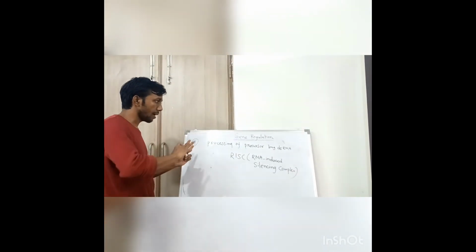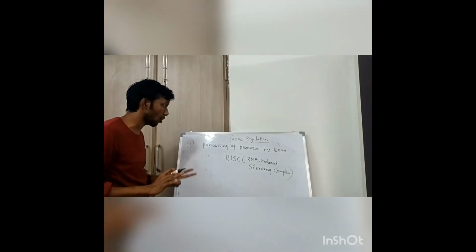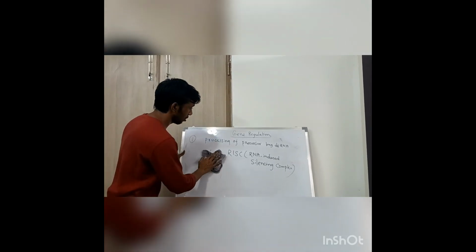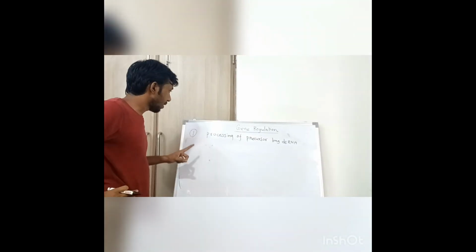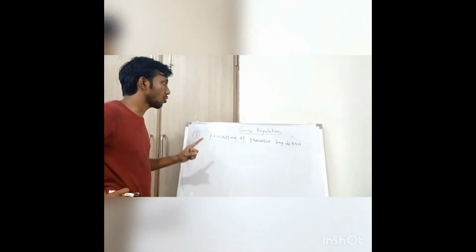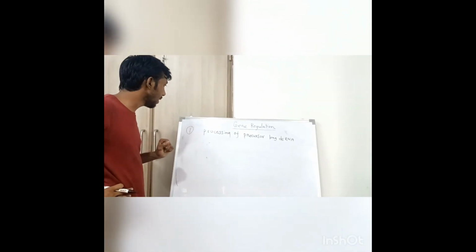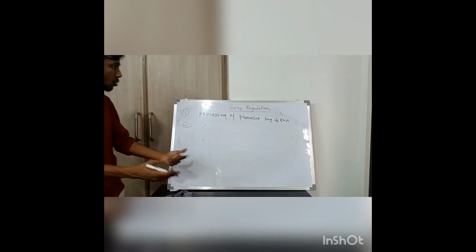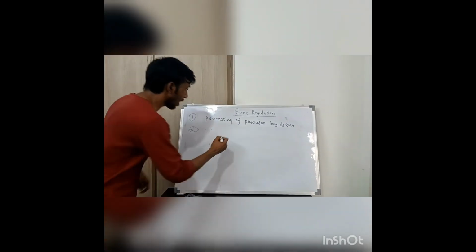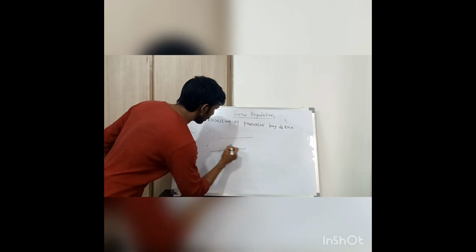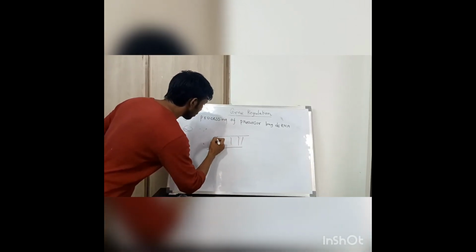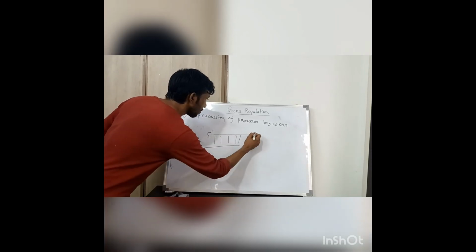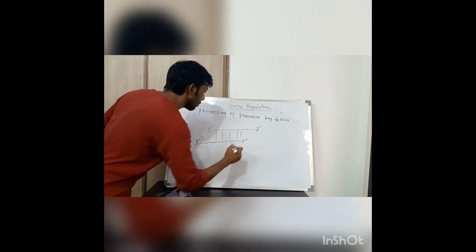This is the graveyard of messenger RNAs, where messenger RNAs are lost. After the formation of RISC loading complex, here comes the role of siRNAs. These siRNAs have two strands, 5 prime, 3 prime, 3 prime, 5 prime.